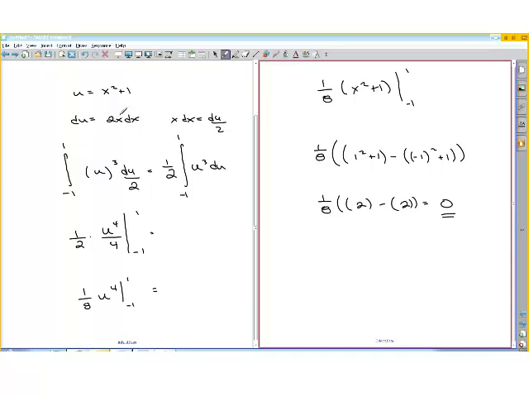I forgot something here. So this is the 4th power, and this is the 4th power. I forgot that part. Yes, okay, so it does go to 0.